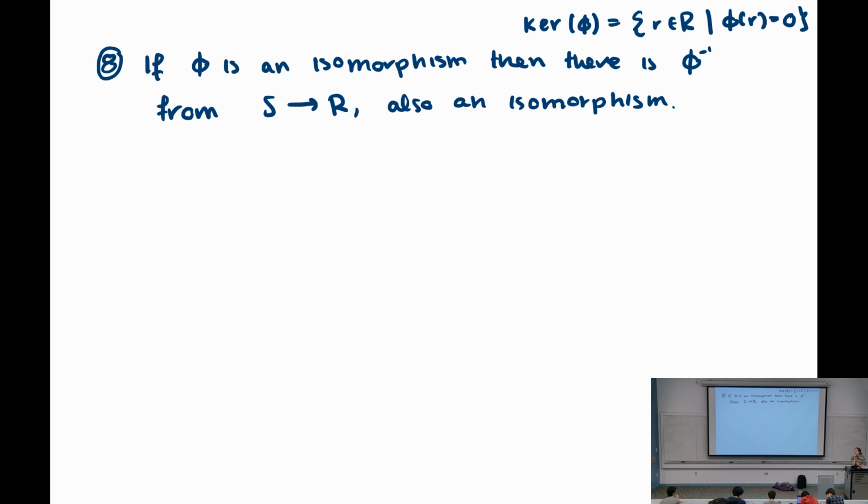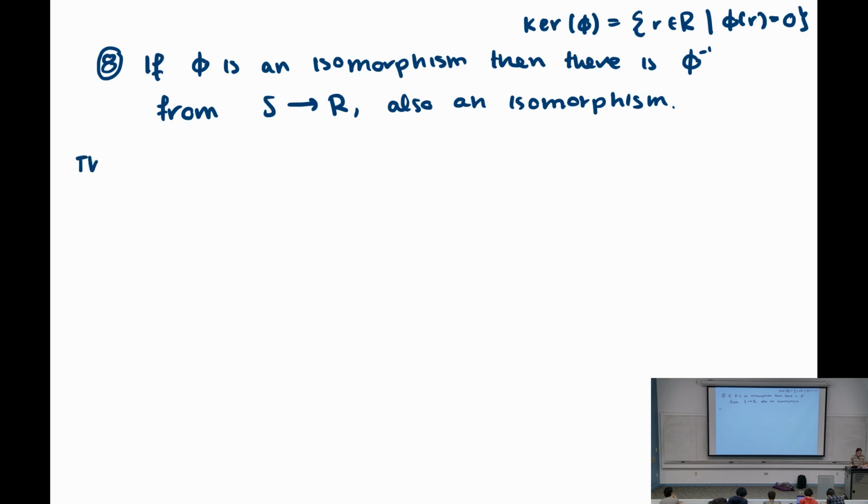Okay, so let's now go into proving something like an analog of the first isomorphism theorem for groups. So before we do that, first, I'm just going to prove that the kernel is an ideal.